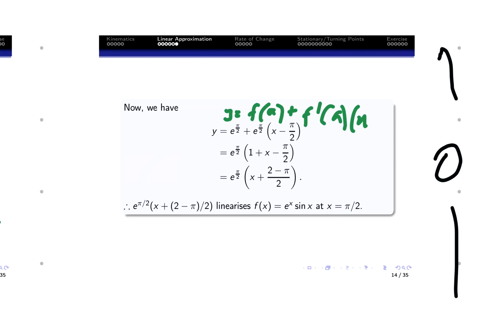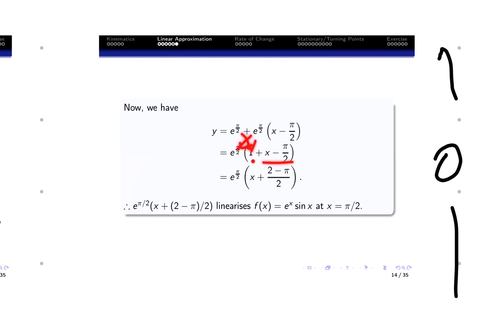You have e raised to pi over 2 plus e raised to pi over 2 multiplied by this. So we can factorize e raised to pi over 2. Divide this by e raised to pi over 2, and divide this by e raised to pi over 2. Once you've taken it out, you have 1, and once you've taken this out, you have x minus pi over 2 left there.